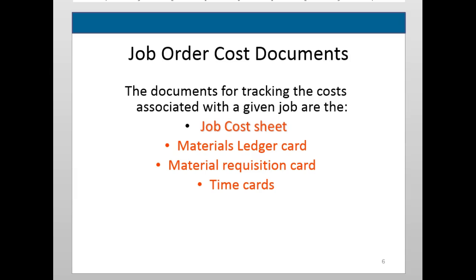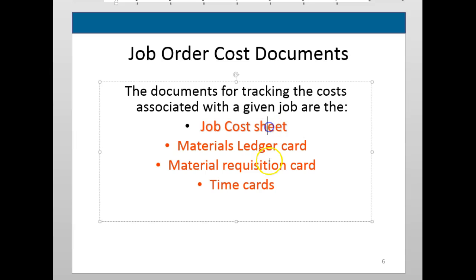Now, obviously, we have to keep track of these costs, so you have what they call job order cost documents. In reality, this is all done on a computer. Used to be done all by hand. What you're going to be seeing kind of looks like it could be hard copy, but it also is a form that would be entered into a computer.